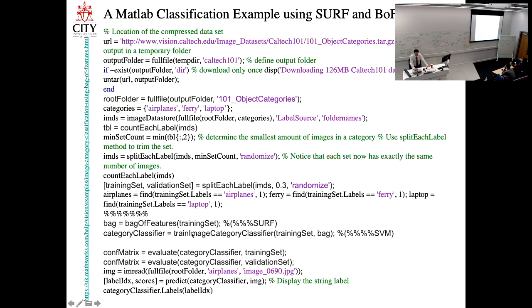So this function, train image category classifier, uses a support vector machine, and what it does is for each of your training images, extract SIFT features, compares it with the dictionary of features, creates a histogram, trains the classifier.